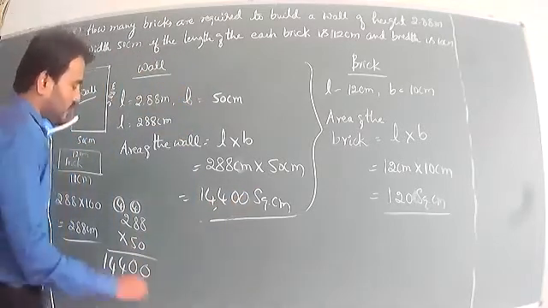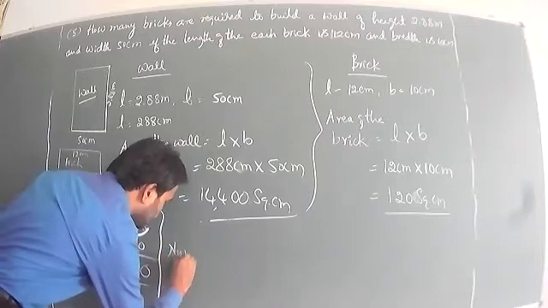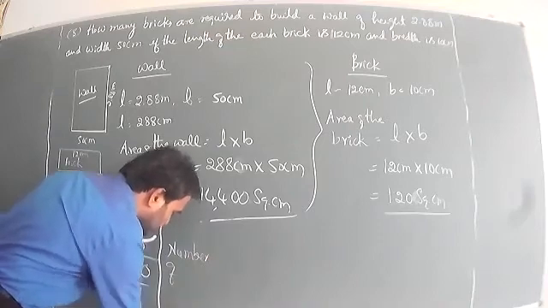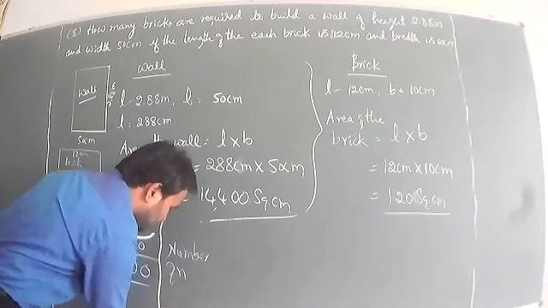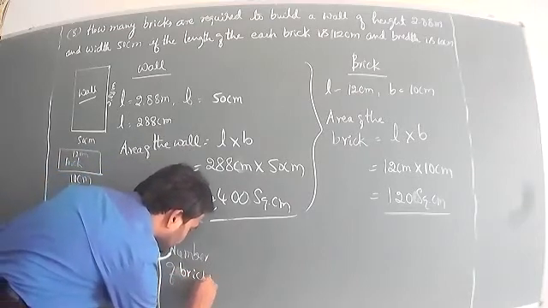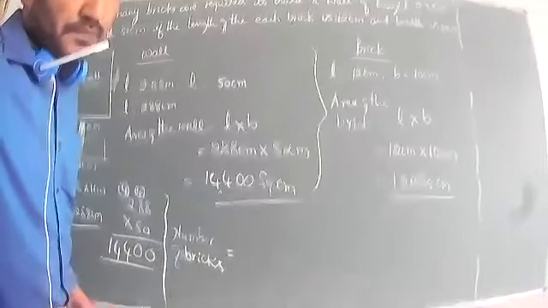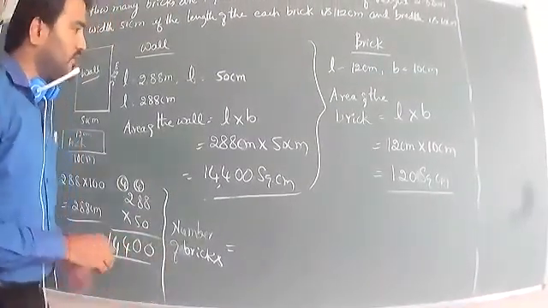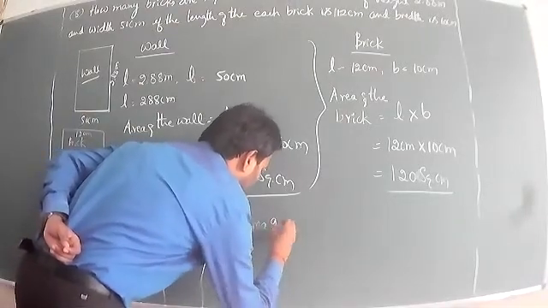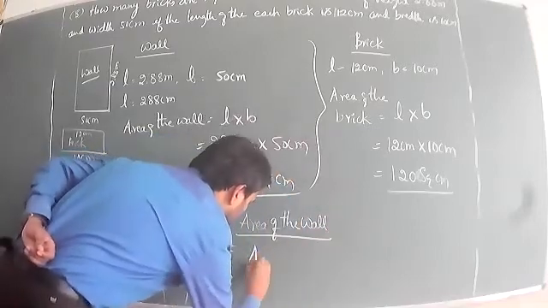Now we can find the answer. Number of bricks equals area of the wall divided by area of the brick.